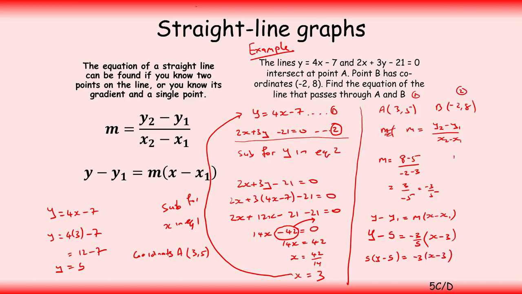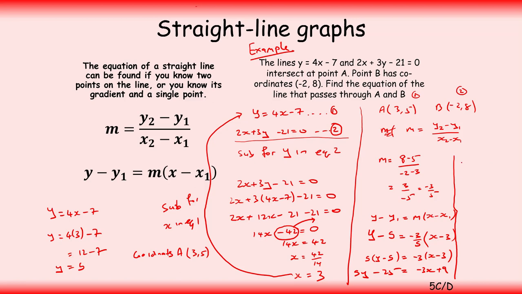Simplifying, I'm just going to put a little line here for me to finish. So expanding out, 5y minus 25 is equal to minus 3x plus 9. It doesn't want it in any specific form, but because I've got a minus x, I'm going to bring everything over to the one side.